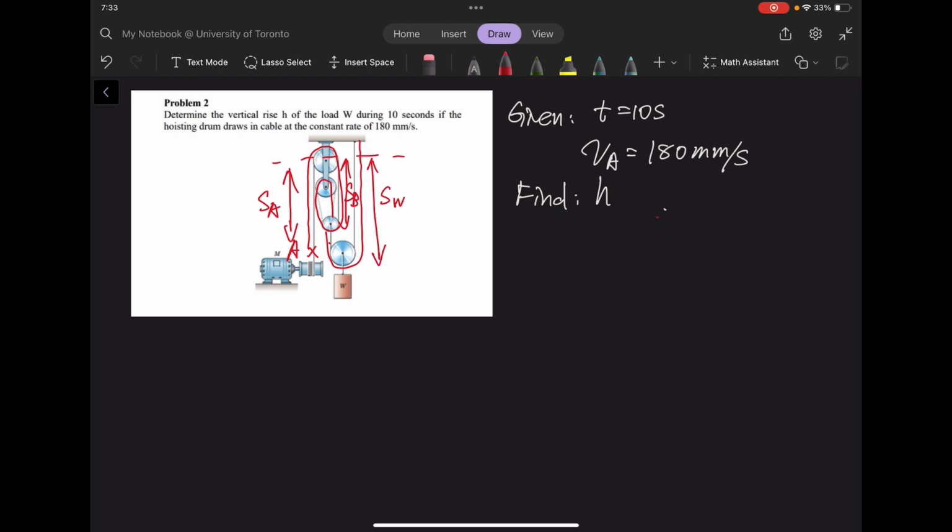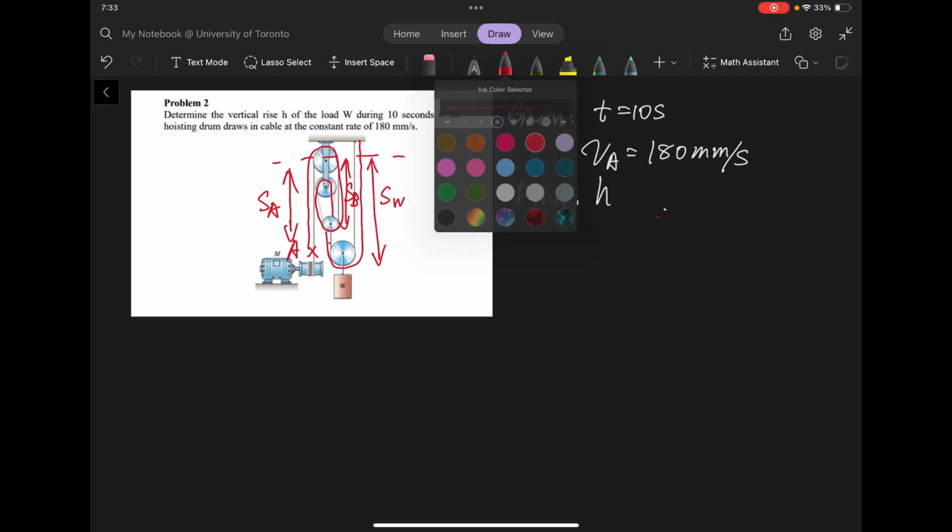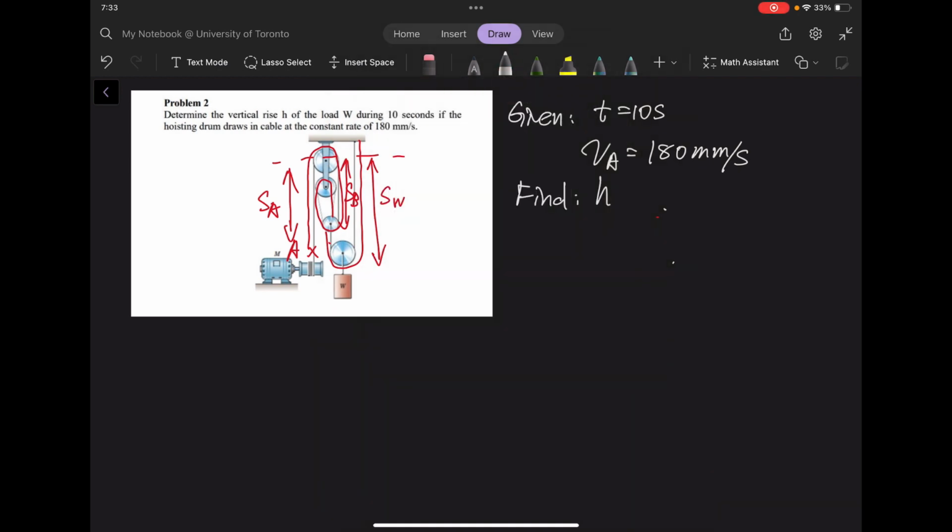We define this distance to calculate the length of the cable. By the way, if this part really bothers you, you can just name it constant 0, but it doesn't matter.